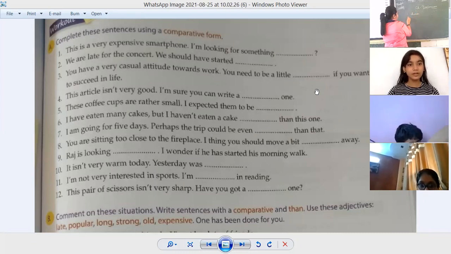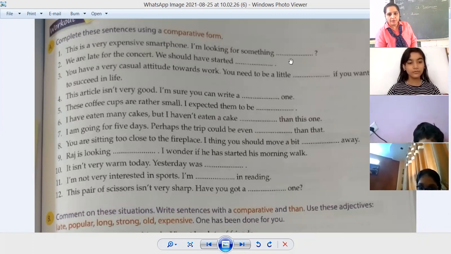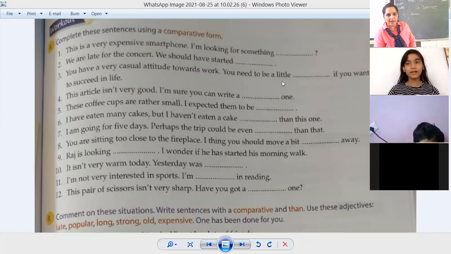Okay. Second one. I hope this is clear. Next one. We are late for the concert. We should have started earlier. Absolutely correct. Next one.